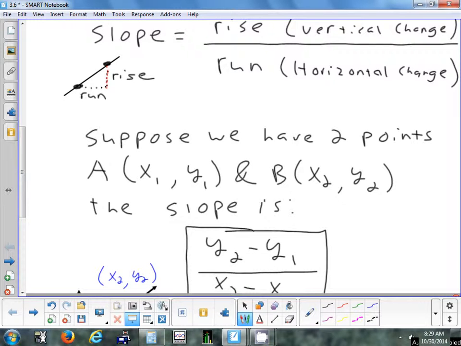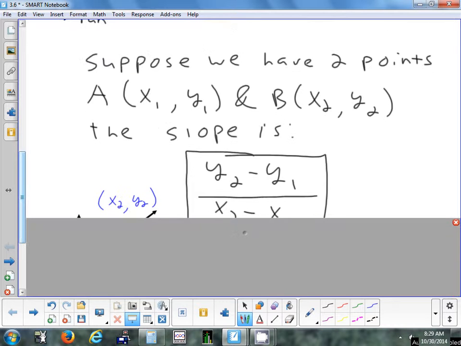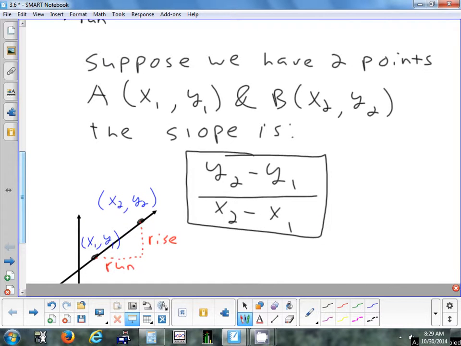Yep, exactly. So there's your formula for slope using coordinates. y2 minus y1 goes in the top. x2 minus x1 goes in the bottom. You can't flip that. If you flip it, then it's wrong.